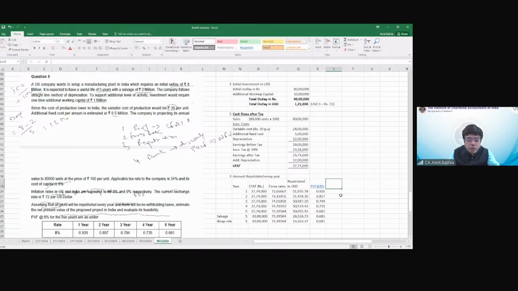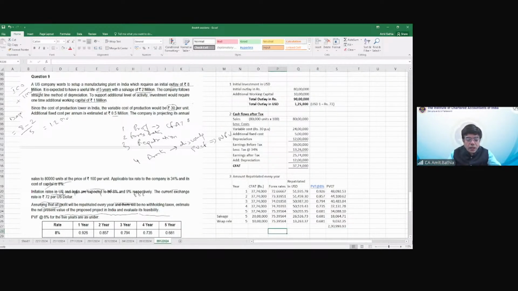Okay, so what will be my present value of cash flow? Multiply your repatriated USD into the PV factor. So this is my present value of cash flow, 230,993.